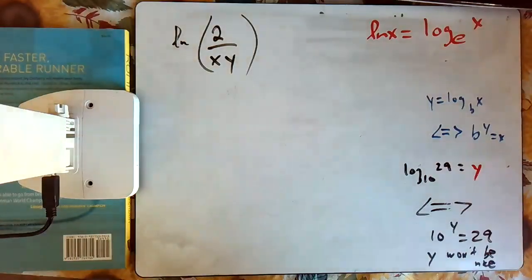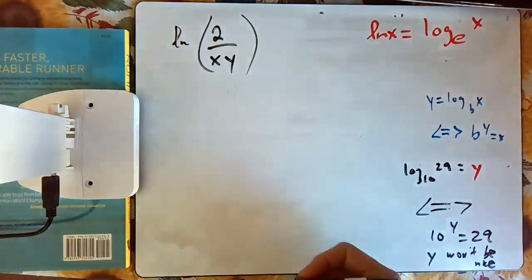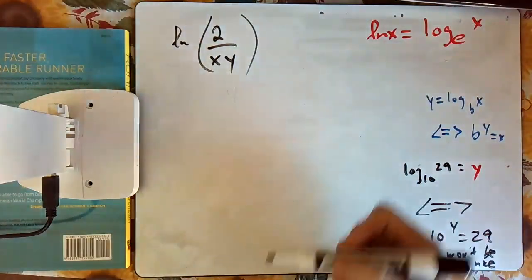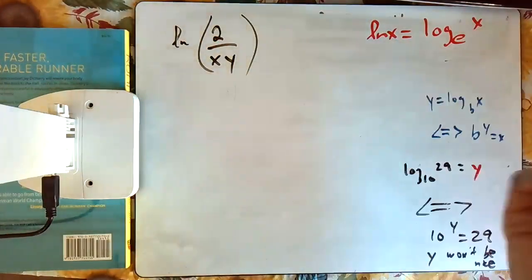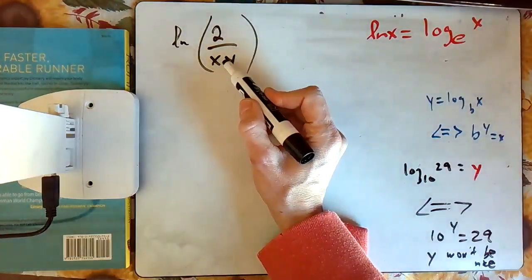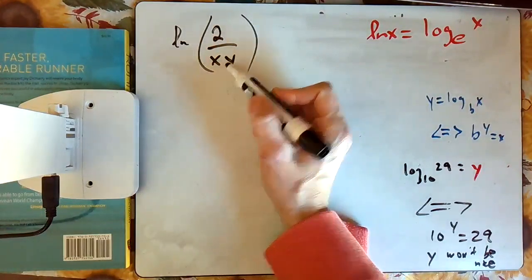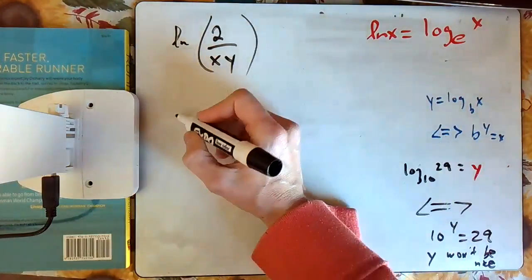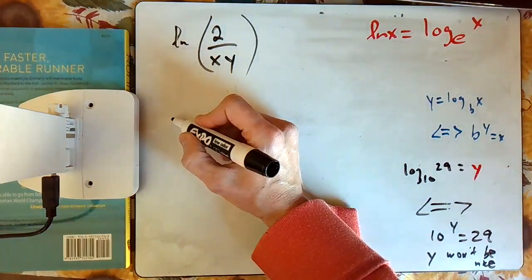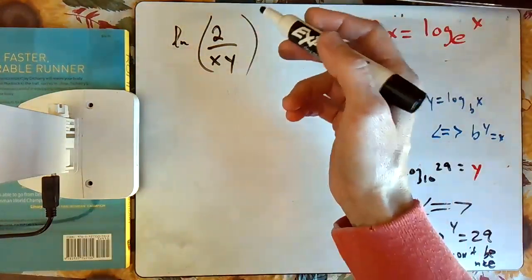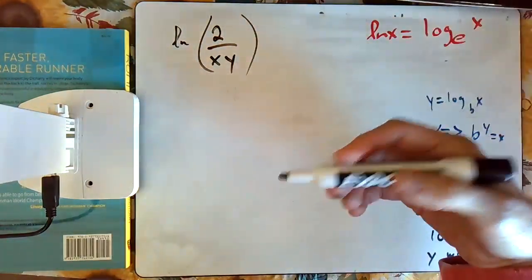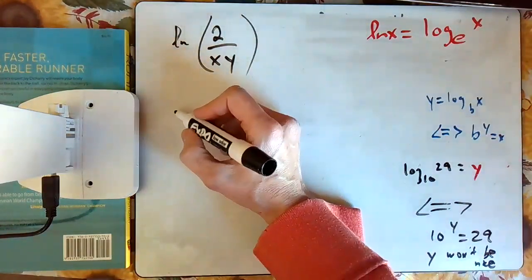How would you expand that right there? Well, we're still doing the quotient rule, right? We're still dividing right here. So how does this work, right? Because you may be thinking, oh, this is a product on the bottom right here. But we are still dividing, right? So how do we work this out? Well, remember, still natural log of the top minus natural log of the bottom according to the quotient rule.